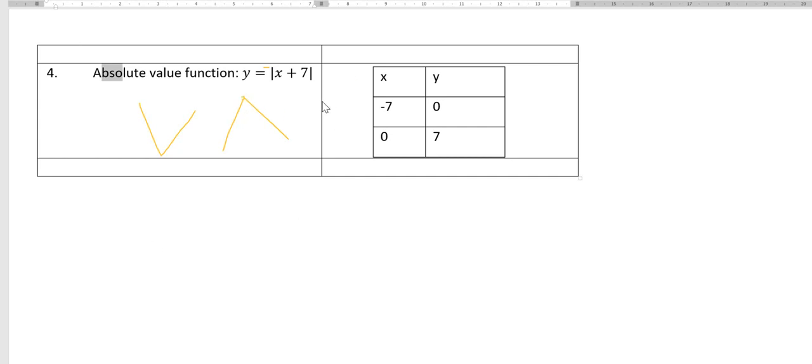You don't have to go into that much detail at this level, but just know that the point where the graph changes its direction is what we call the vertex. So this would be called the vertex.